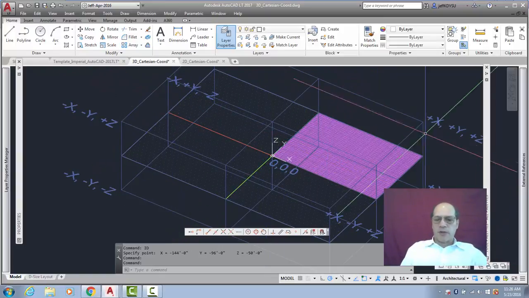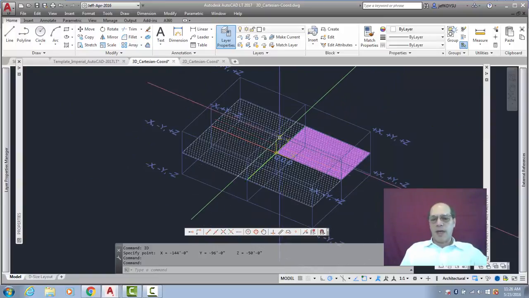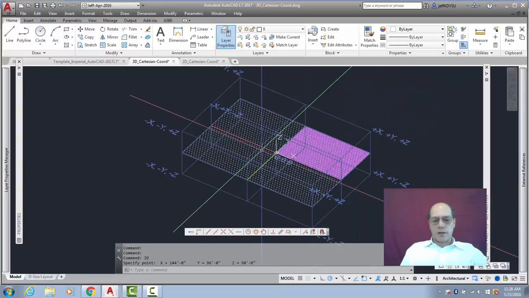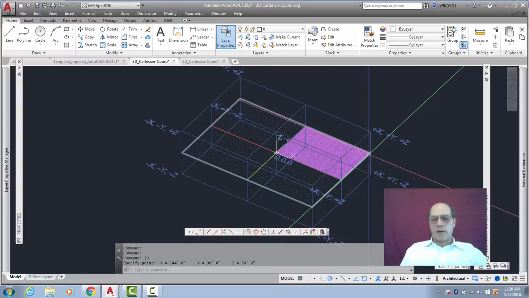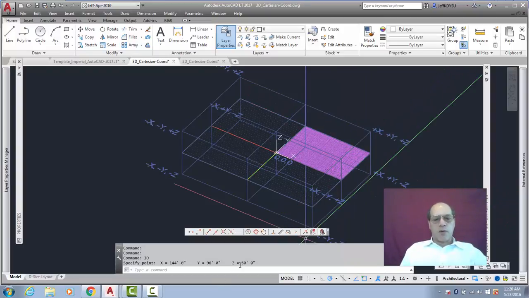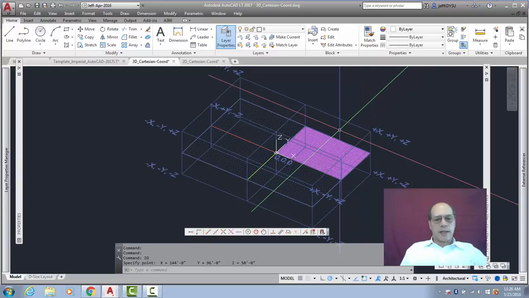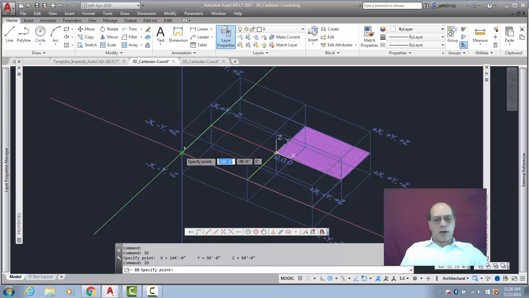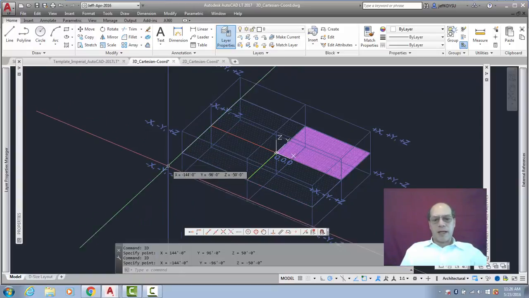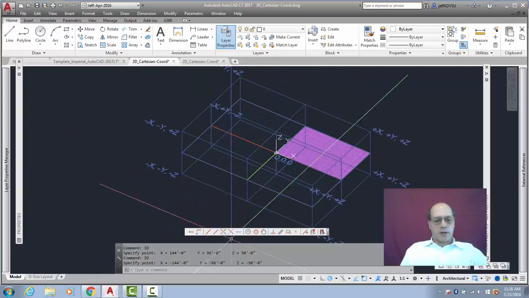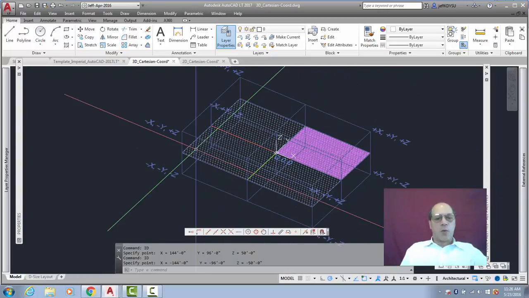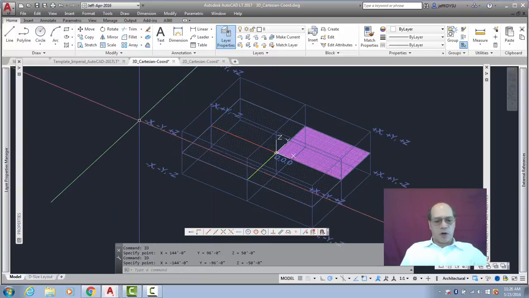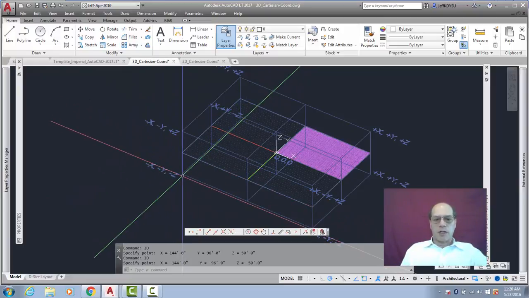So if I press ID for the command, and I come over here to the top of that quadrant, and I come over in the X, up in the Y, and then up in the air, now we've got 50 feet up in the air of the Z. Conversely, if I come over to the minus side of things, and I come over and then down 50 feet, and I ID it, now I'm at the other extreme, and you'll notice in my defined space in 3D, I've come over 144 feet, and then down in the Y, minus Y, and then minus Z. So that point is going to be negative for all 3 values in the 3D coordinate system.